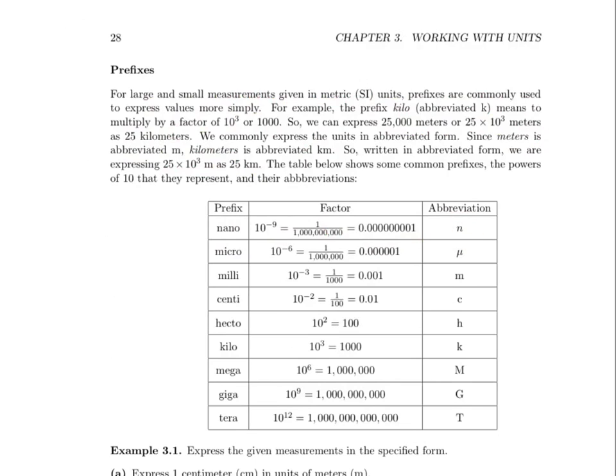The abbreviation for nano is N. So if you see a letter N in front of some other metric units, you would know that the unit has the prefix nano in front of it. Similarly, we have the prefixes micro, milli, centi, hecto, kilo, mega, giga, and tera, and each of these prefixes again represents a factor of 10, and you can see as we go through the table the factors of 10 grow.